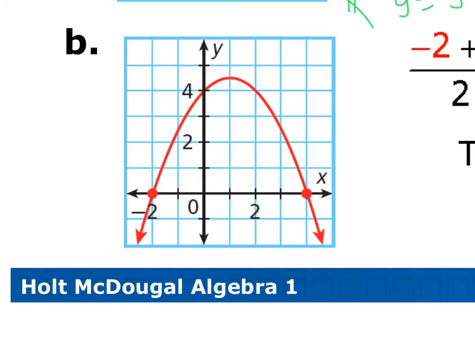What are my zeros? Okay, ready? 4. Negative 2. Beautiful. Those are the zeros. All right, next. What is the axis of symmetry? It's 1. Beautiful. X equals 1.